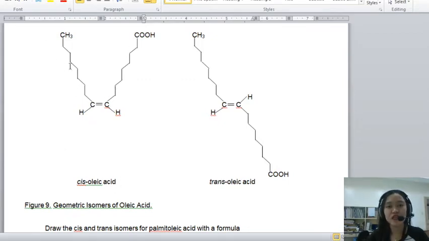So, hindi siya straight. Pa-V siya. Okay? So, yan yung pinagkaiba ng trans geometric isomer sa cis isomer. So, sa trans, opposite, no? Yung chains sa taas and sa baba. While doon sa ating cis geometric isomer, parallel yung location ng inyong chains.